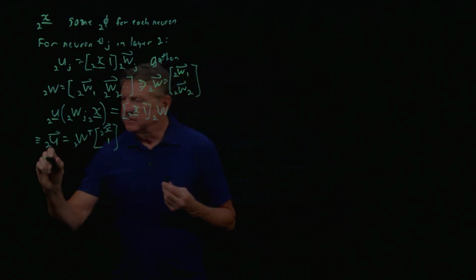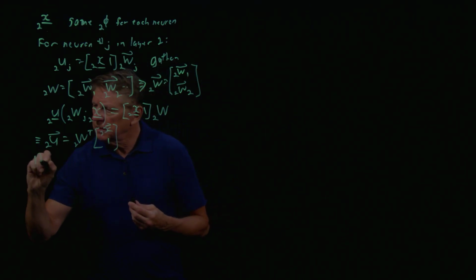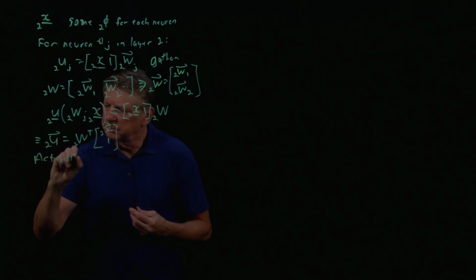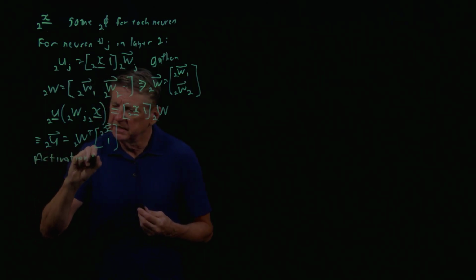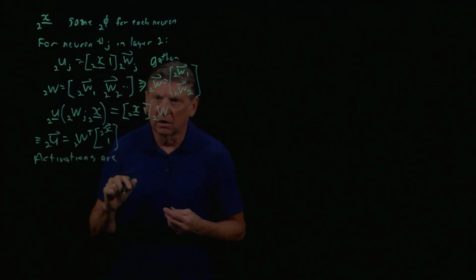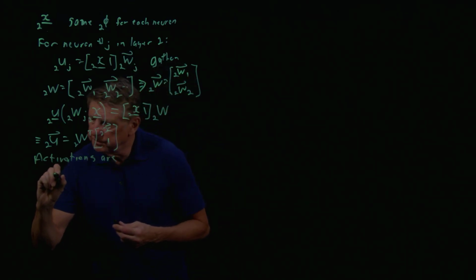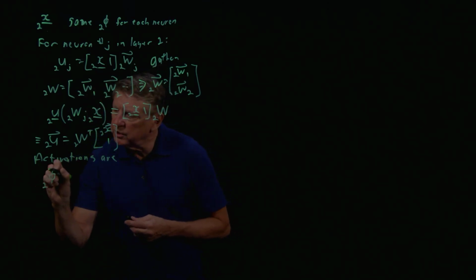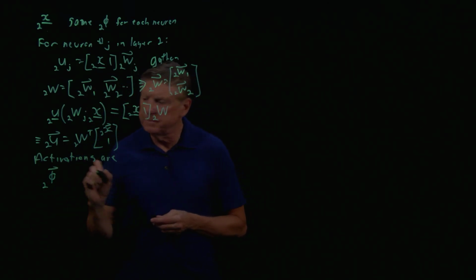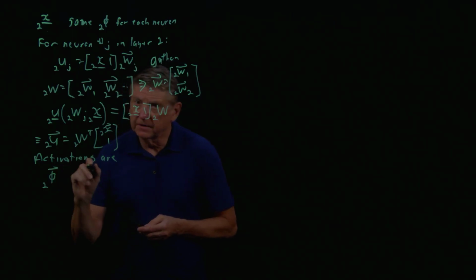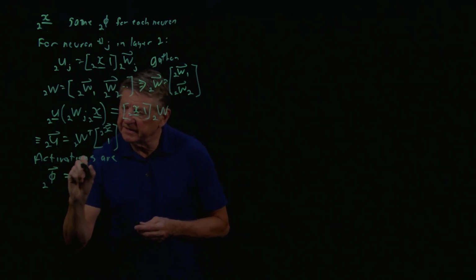The activations, applying the activation function, the activations are, this will be the layer 2 activations, and now we're going to put an arrow over that because it's going to be a vector.